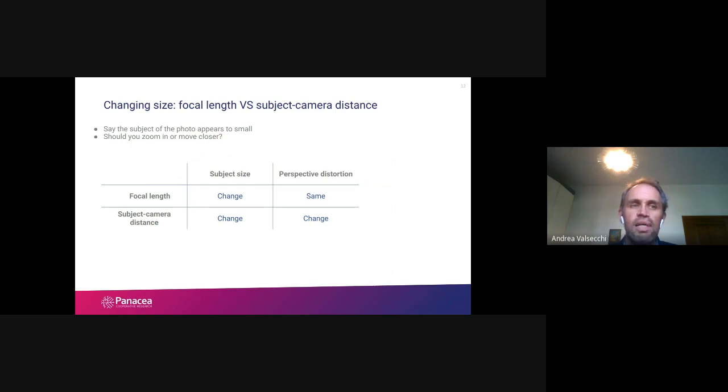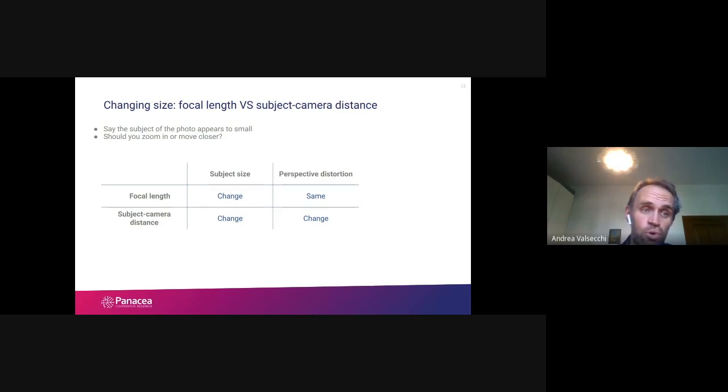So we mentioned focal length and subject to camera distance. We can use either of them to change the size of our subject in a picture. That's really intuitive. When you want to make your subject bigger or smaller, either you move or you use the zoom. The relevant thing to understand is that if you use your zoom, you're not going to change the amount of perspective distortion.